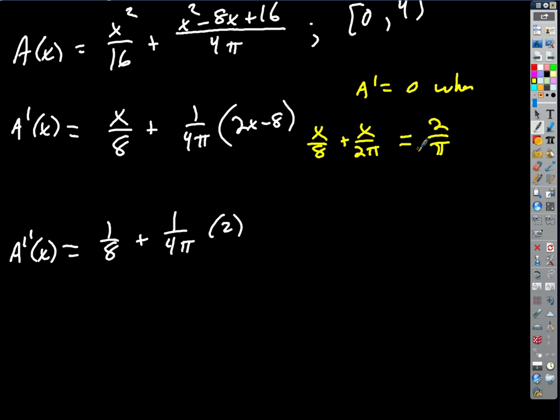Factor an x out of the left side, so I get x times (1/8 plus 1 over 2 pi) equals 2 over pi.